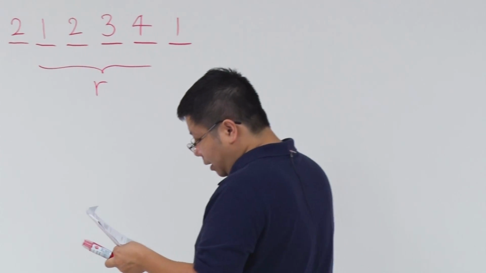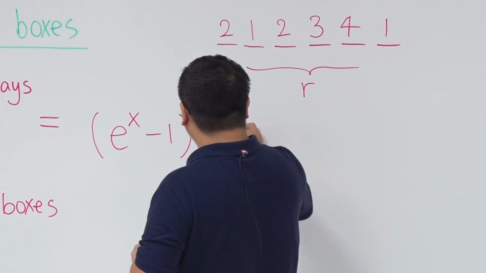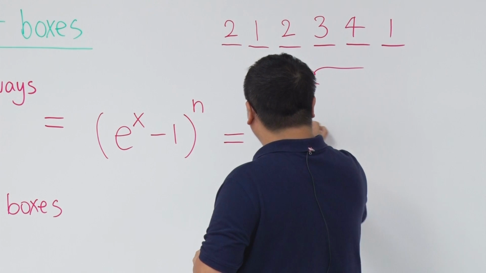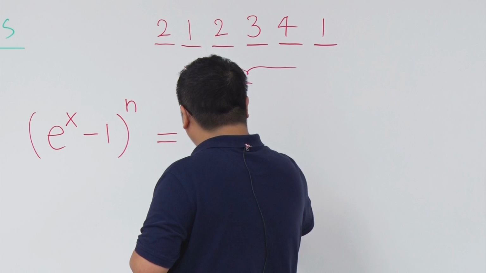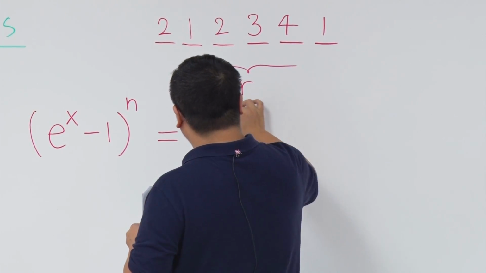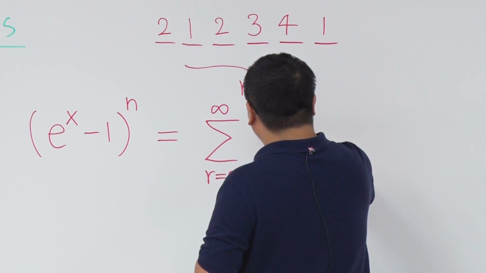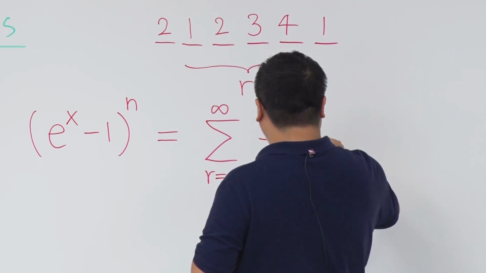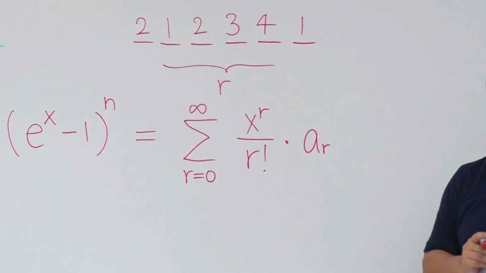Okay. And then, we can write this as the summation of R equal to 0 up to infinity of x to the power r divided by r factorial times AR. Is that okay?